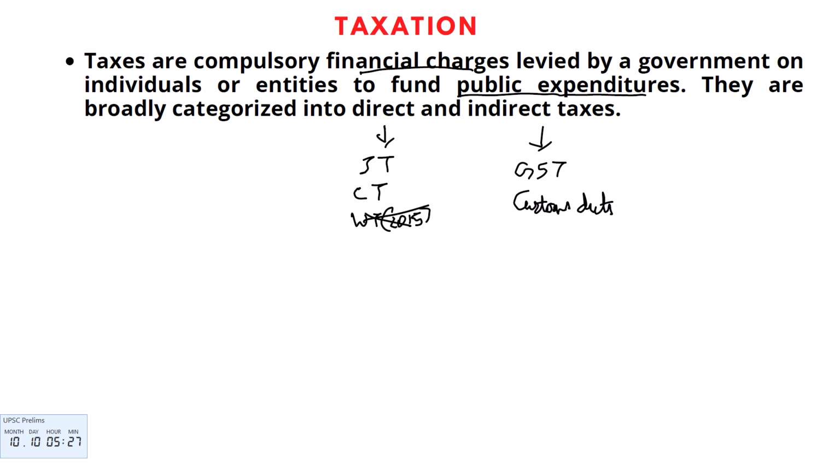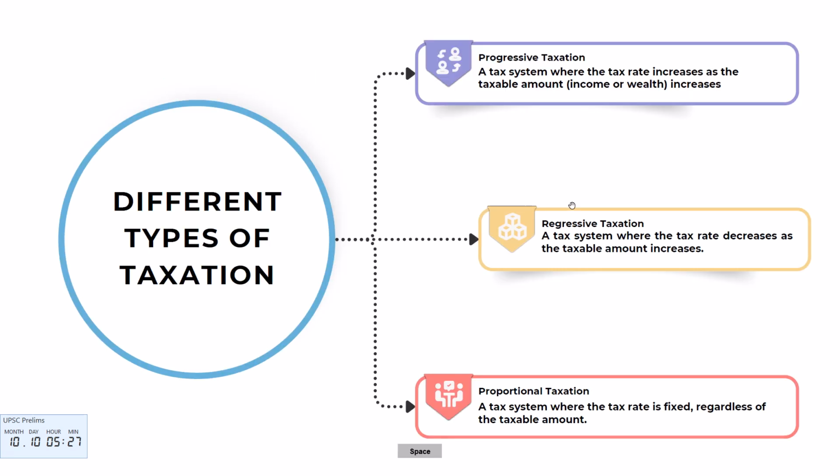Now we look at the different types of taxation. These terms describe how the tax burden is distributed across different income groups. First one is progressive taxation, a tax system where the tax rate increases as the taxable amount, income or wealth, increases.